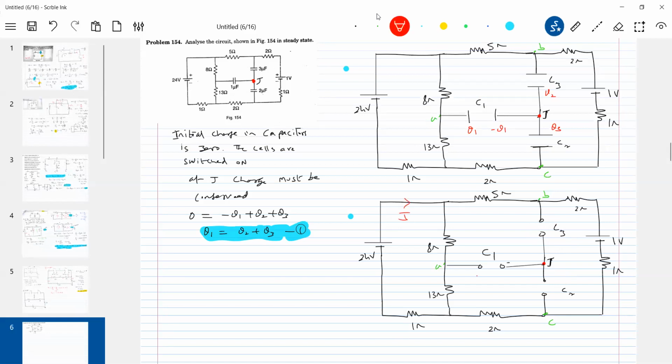Let this be I1, let here the current be I2, and here I1 plus I2. Now give the polarity, plus and minus.